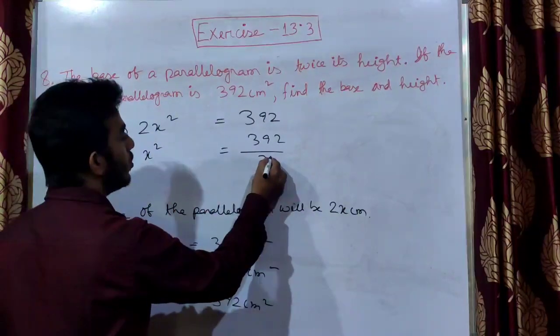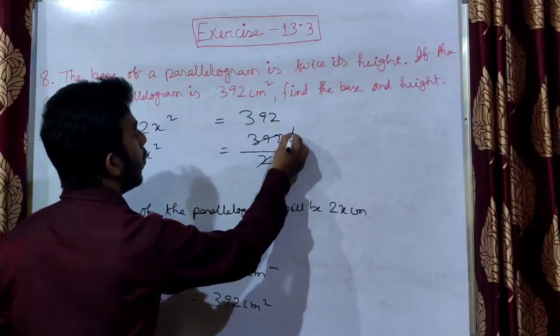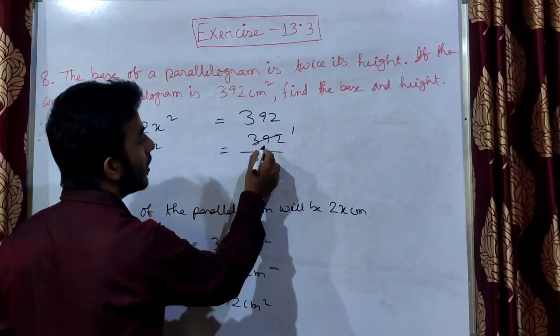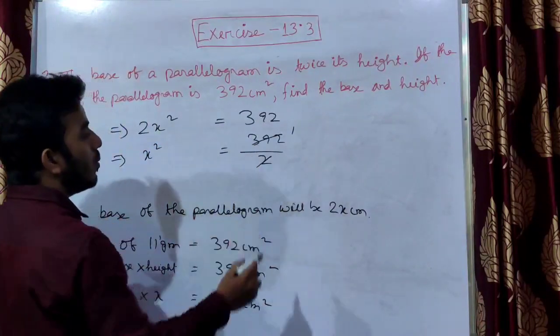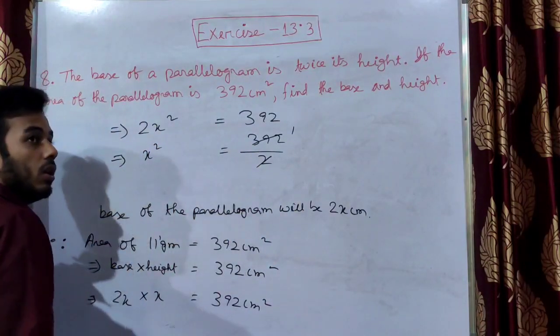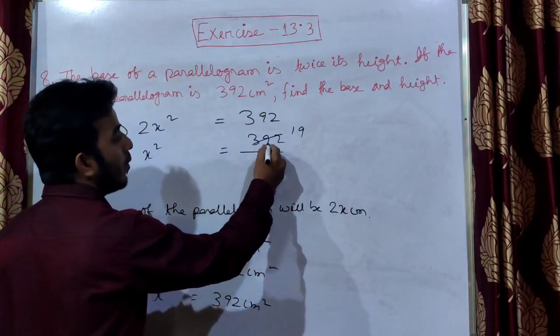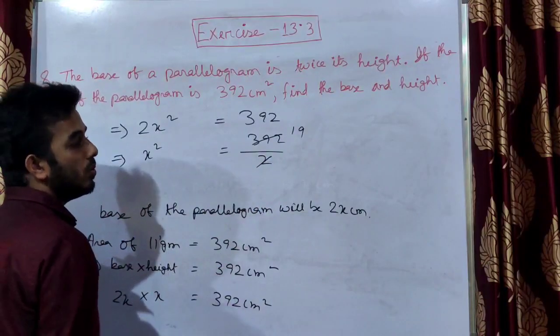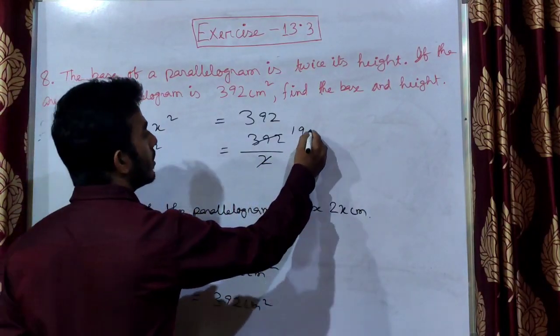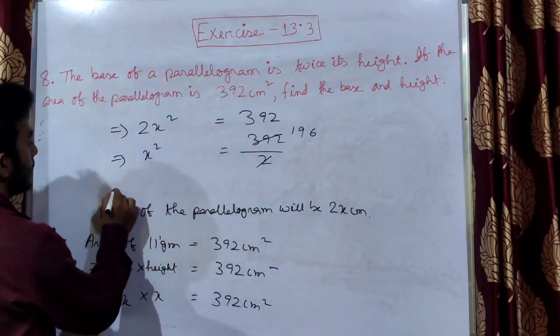So now if we divide by 2, what will be the result? 2 into 1, 2, 1 left. Then next will be 19. 2 into 9, 18, another 1 left remainder, and 1 and 2 makes 12. So 2 into 6, 12, right?